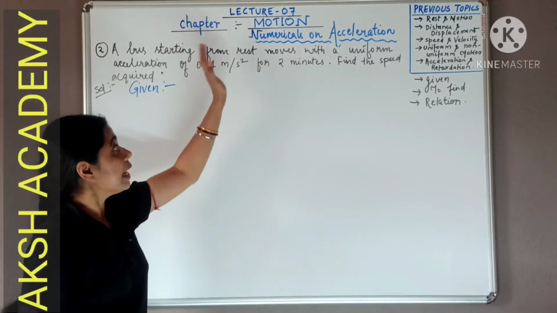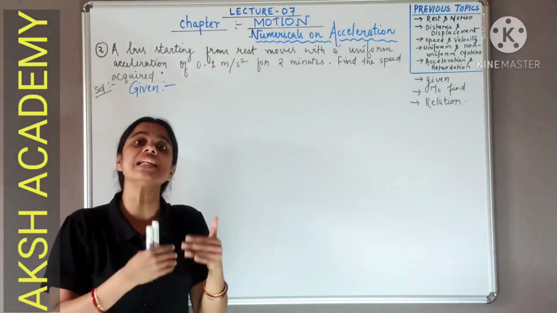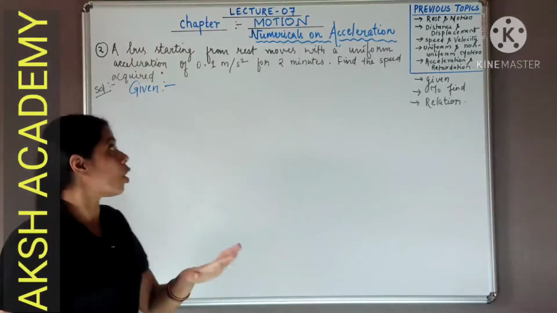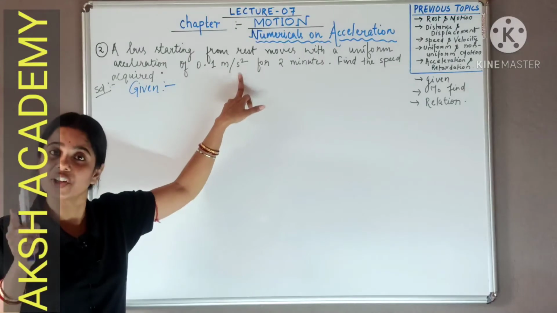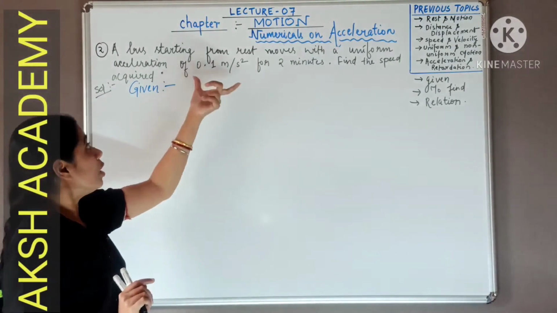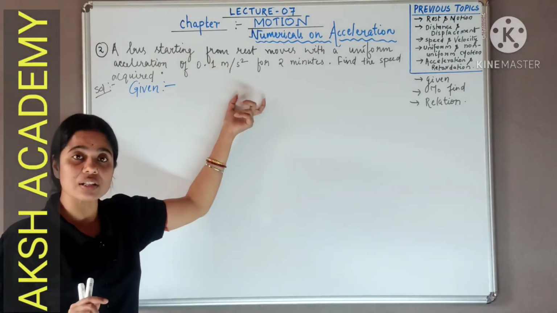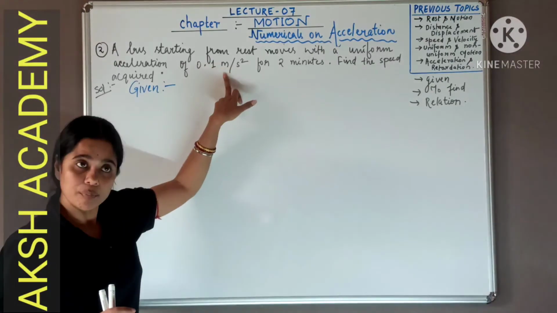Then as it has started moving, it is changing the velocity at the rate of 0.1 meter per second square. Acceleration means change in velocity per unit time. So the bus is changing the velocity per second by 0.1 meter.